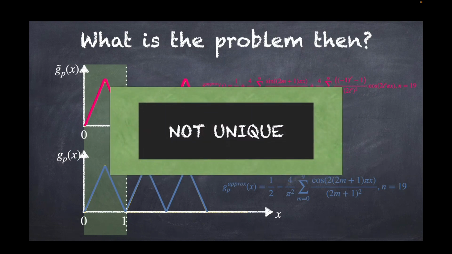Okay, so if you have a function that is defined on a finite interval, then there is no unique way of expressing it in terms of a Fourier series. In fact, there are infinitely many ways to do so, and it depends simply on how you choose to do your periodic expansion of that function. And obviously here the limit is your imagination.